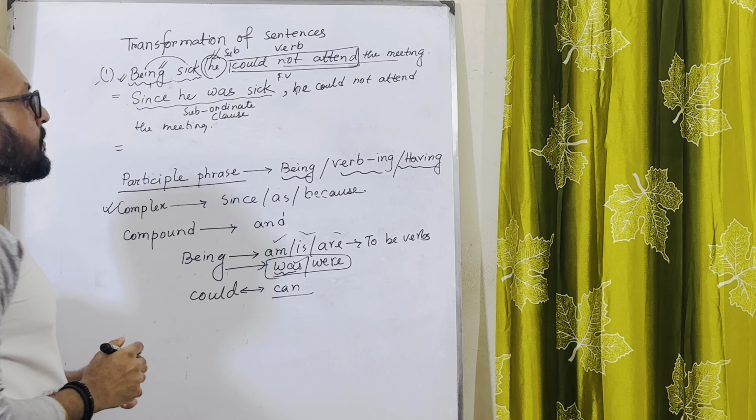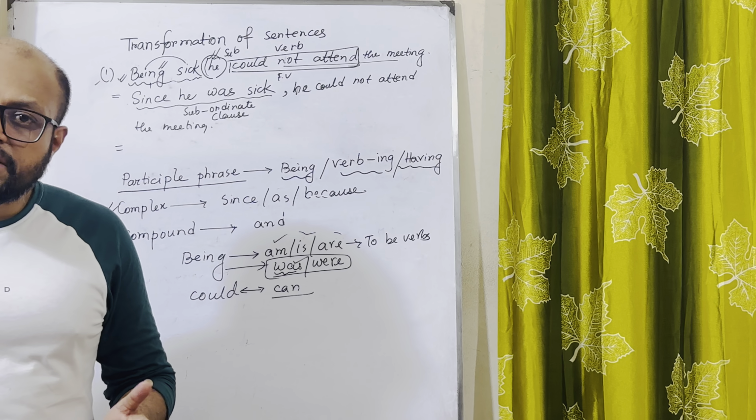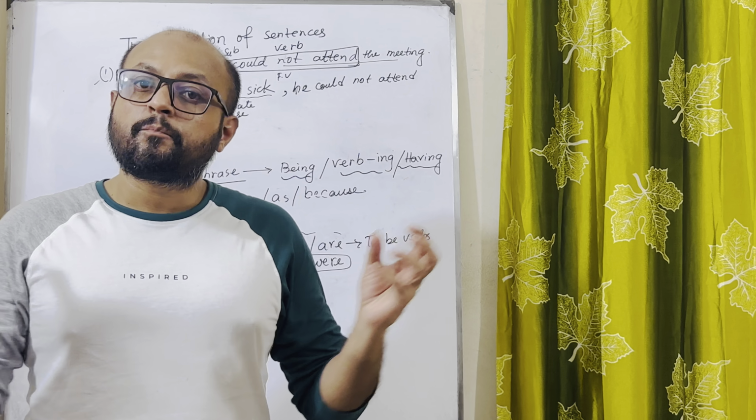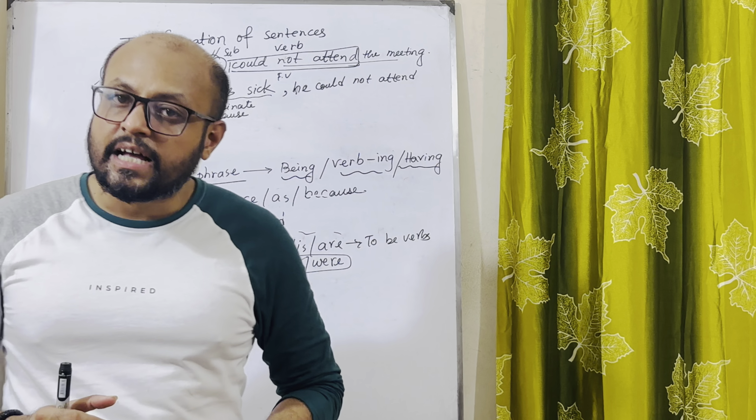And now we will make it a compound sentence. What is a compound sentence? A compound sentence is a combination of several principal clauses which we connect with coordinating conjunctions.